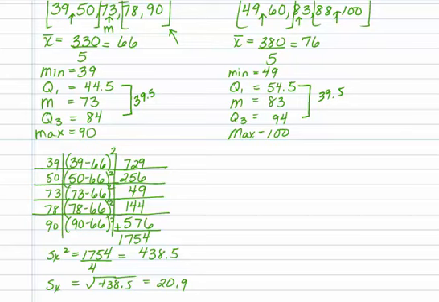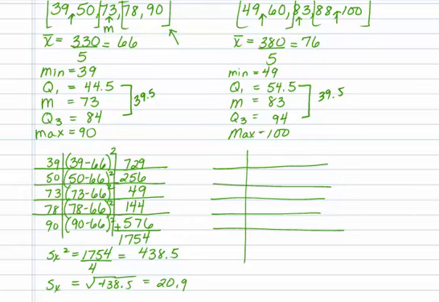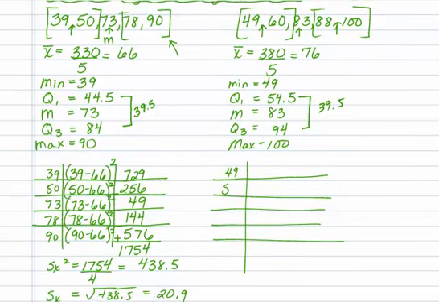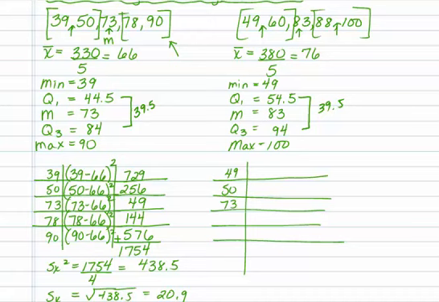10 points higher. My standard deviation, I do want to go through this again and try to find out what's going to happen. If it's 49, 60, 83, 88, and 100 now. 49 minus, the mean now is 76.